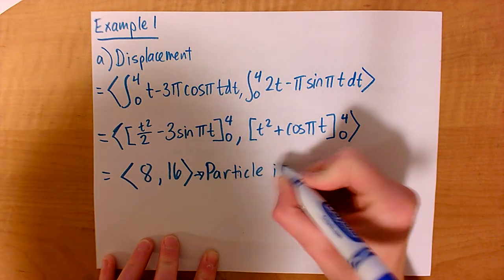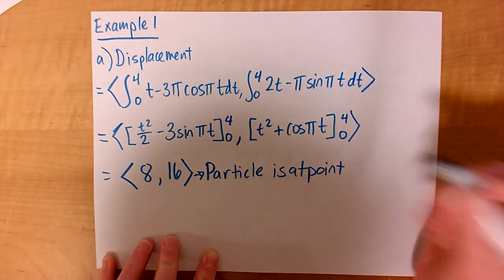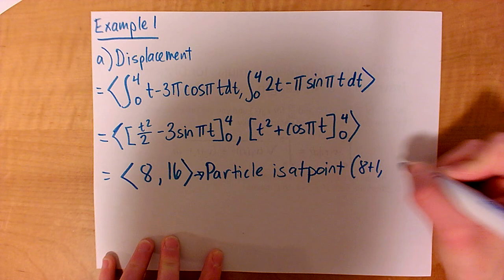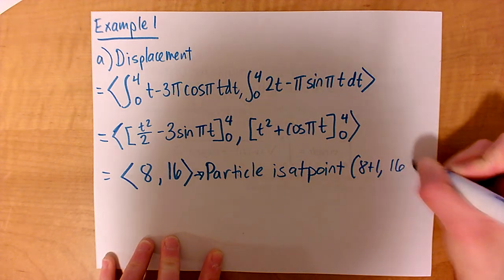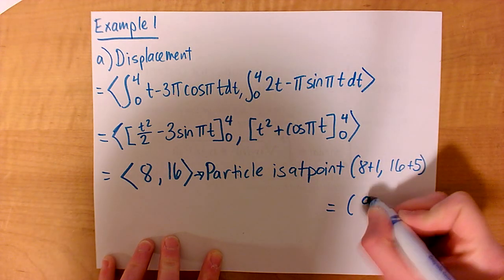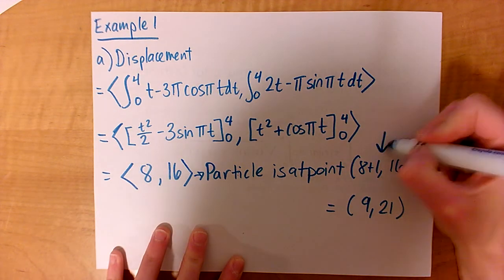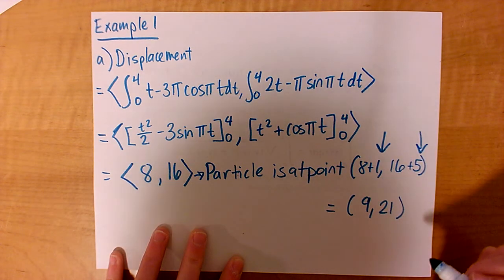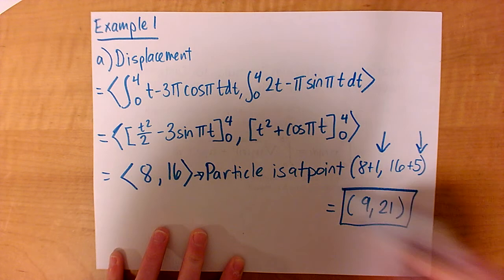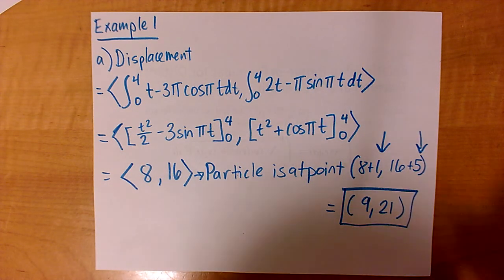And so we would say the particle is at the point 8 plus 1, 16 plus 5, which is going to give us 9, 21, right? So 1 and 5 are just the coordinates of the initial position. And so then we can add those to get our final position.